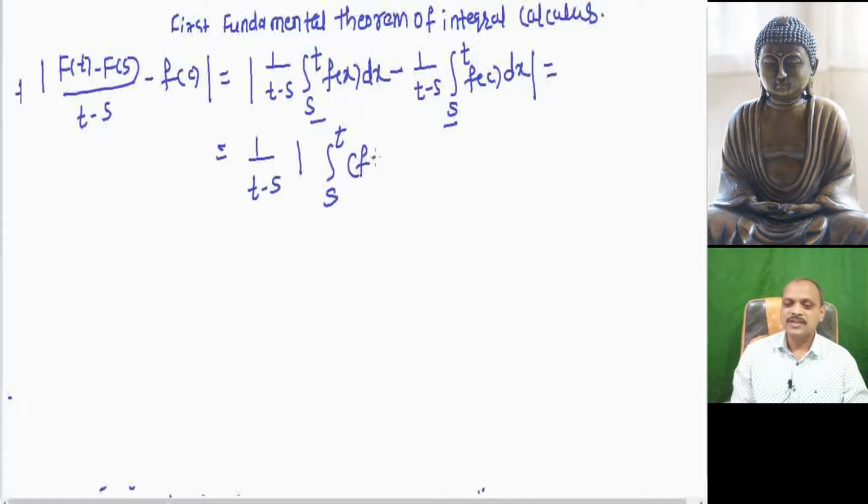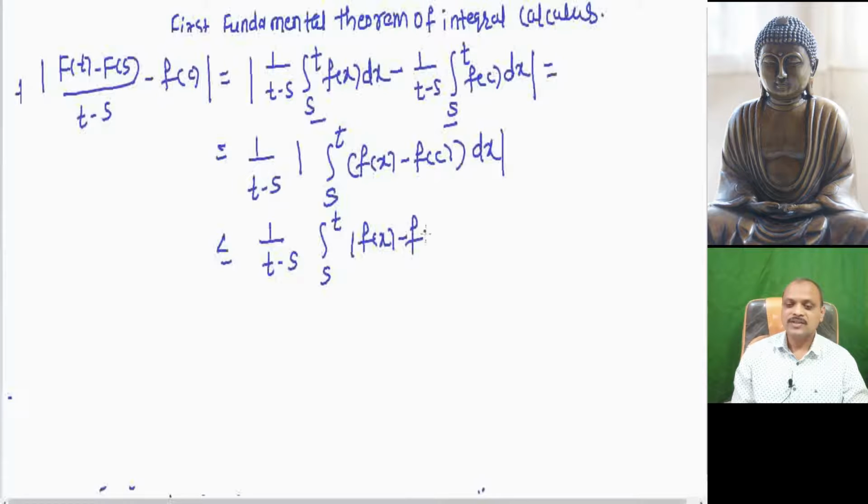We can take the integration common, integration s to t, and f of x minus f of c dx. But we know from the theorem on the modulus of an integral that this is less than or equal to 1 divided by t minus s integration s to t mod of f of x minus f of c dx.